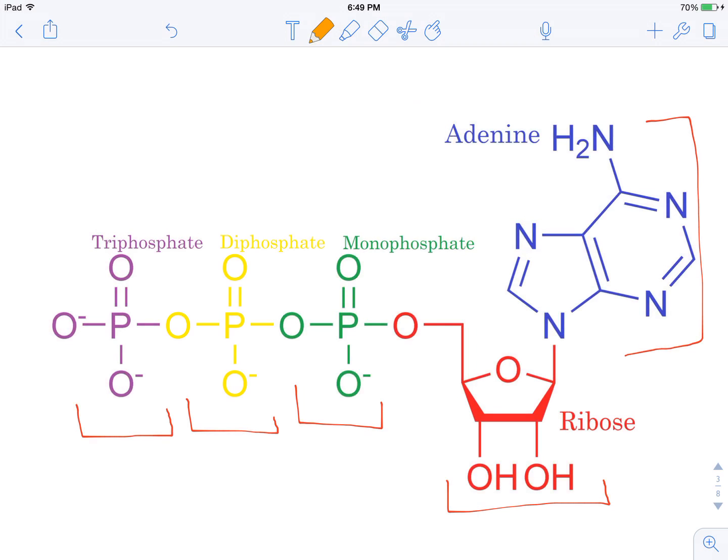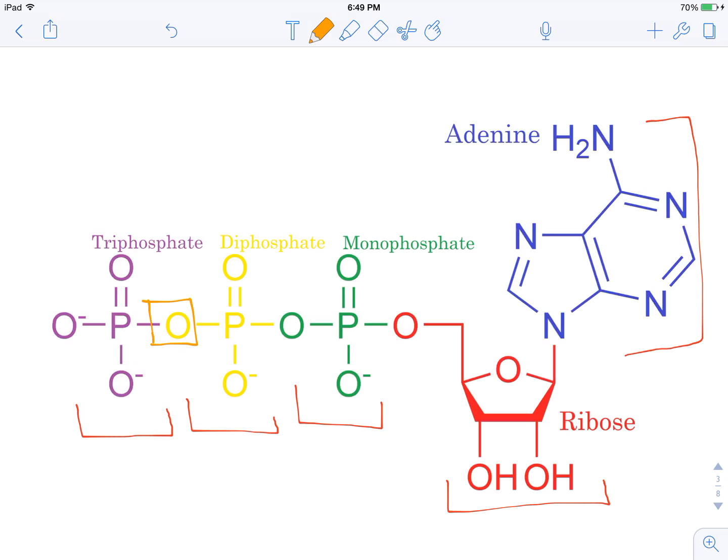What gives ATP all of its energy, or the most of its energy, are their high energy bonds right here. That is between the phosphate group beside the adjacent phosphate group. The highest energy bond would be between the second and third phosphate group. This has a lot of energy.